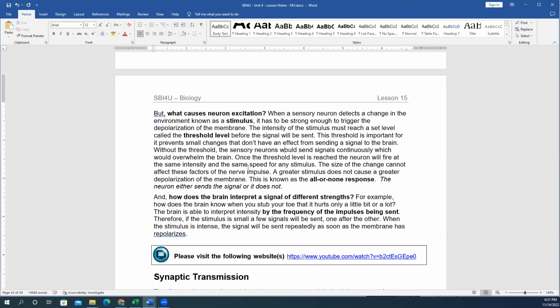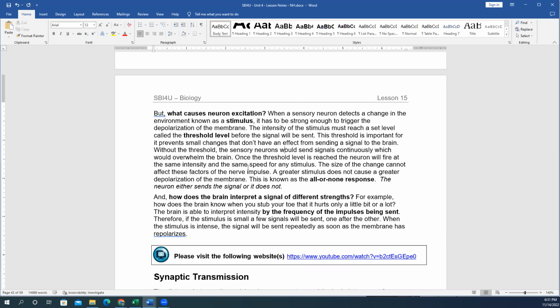So it's important for there to be a certain threshold, for the stimulus to be strong enough to trigger excitation of the neuron. Once that threshold level is reached, the neuron will fire at the same intensity and at the same speed for any stimuli. The size of the charge can't affect these factors of the nerve impulse.